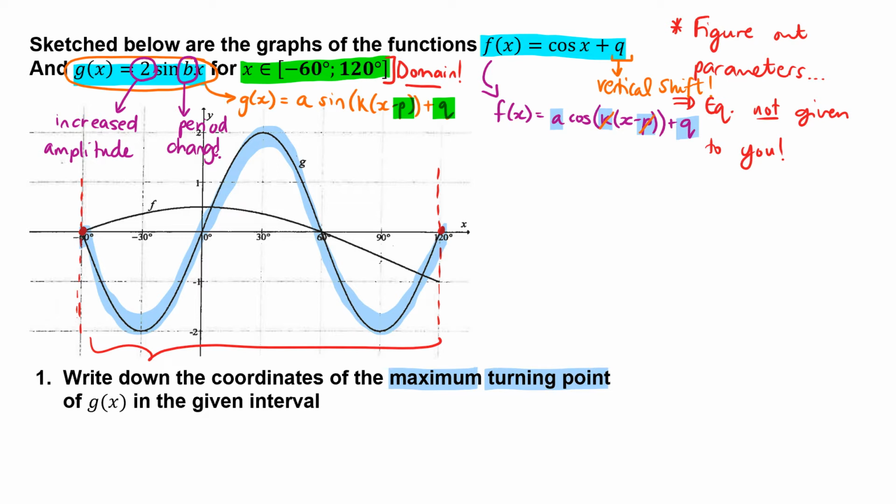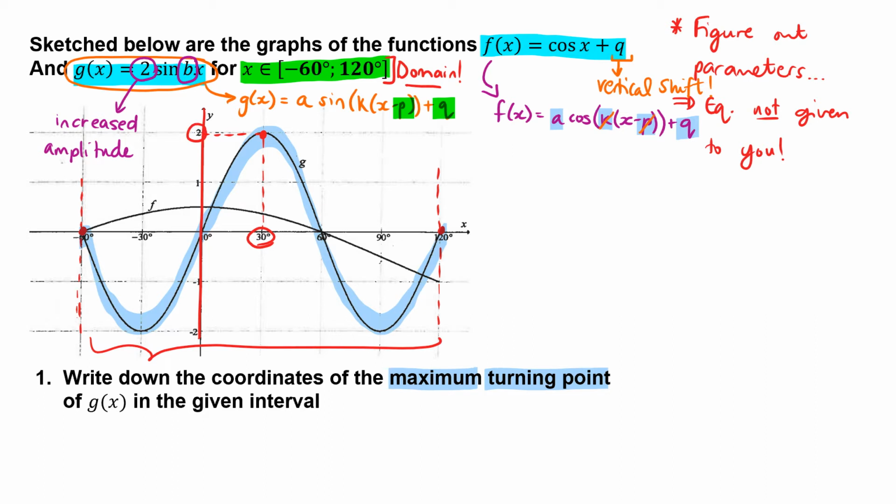Now, whenever you see maximum turning point, they're asking for the highest point on the positive part of the y-axis. And I hope you can see that if we're strictly focusing on the y-axis, the highest point is over there at the 2, and the x-coordinate is 30 degrees.